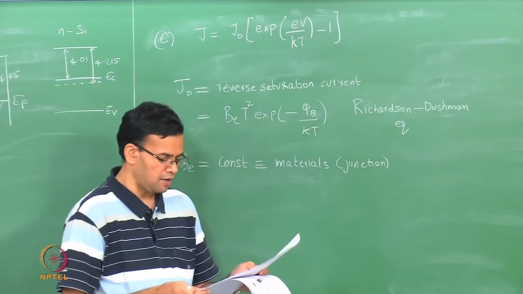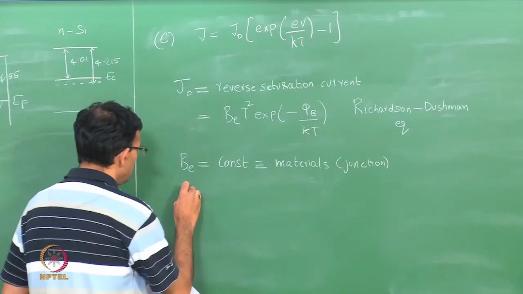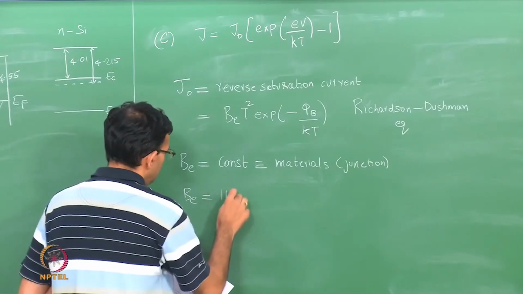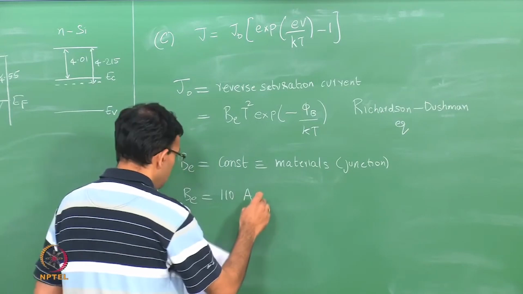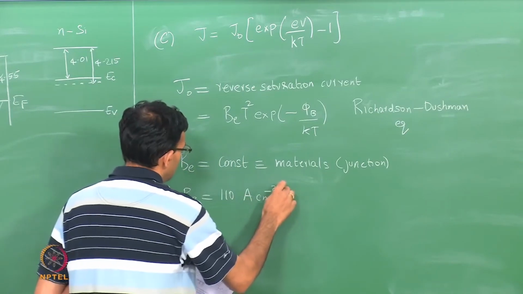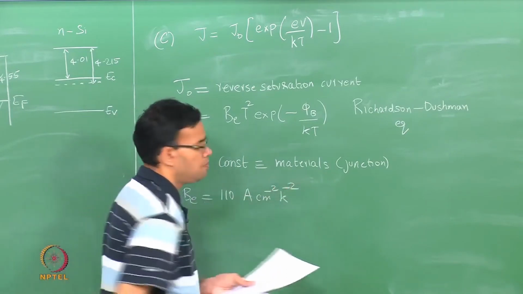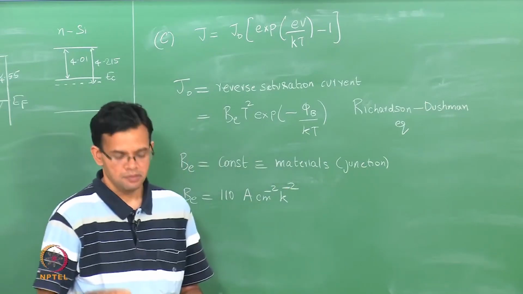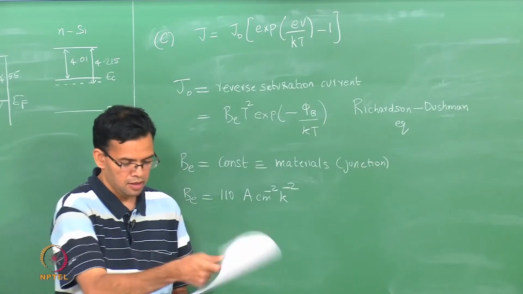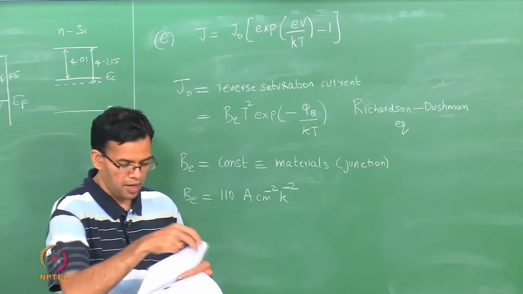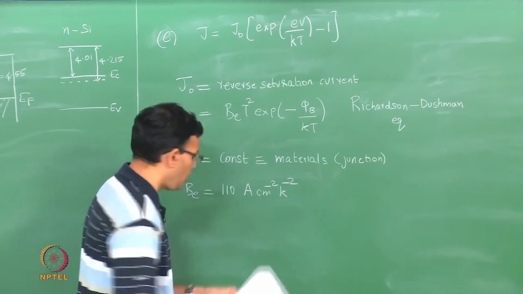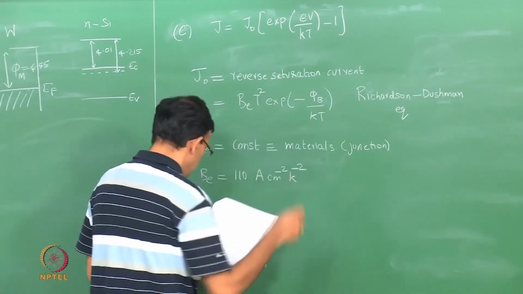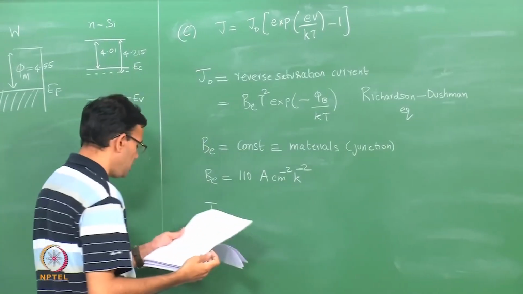So, in this particular case the value of Be is given. So, Be is 110 ampere per centimeter square per Kelvin square. So, the value of phi b we calculated earlier, this is nothing but your Schottky barrier. So, from this problem you can calculate J naught. So, everything else is known, temperature is 300.